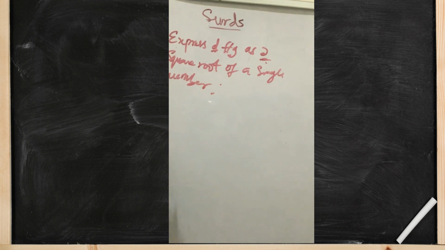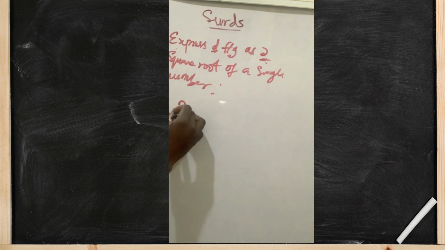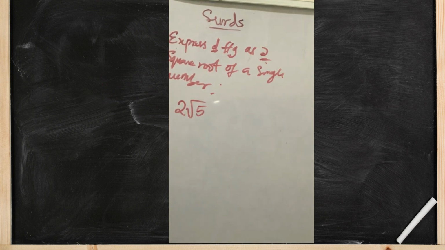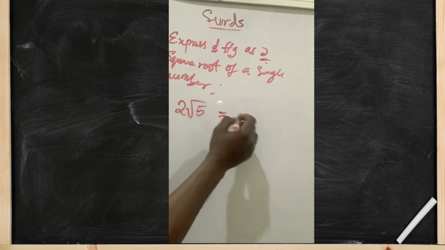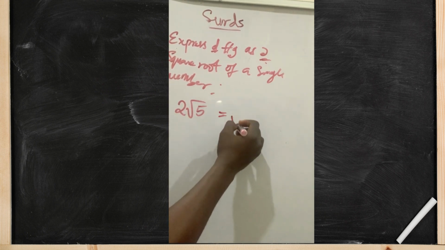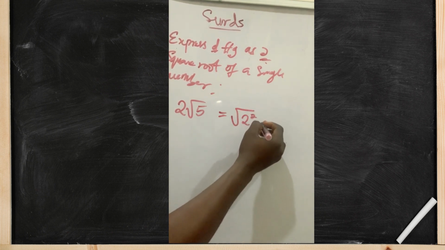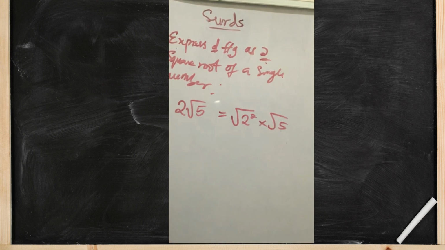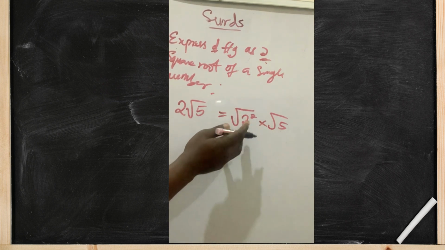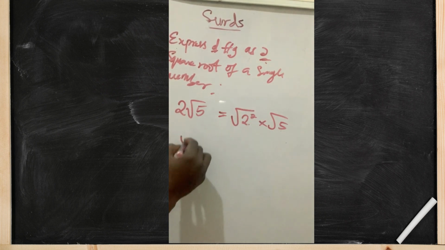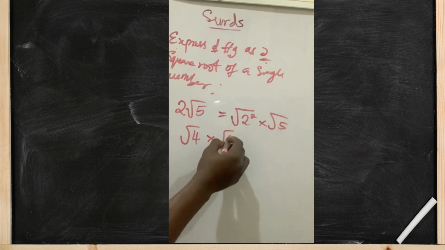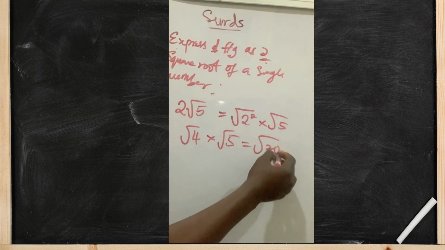This question is also an insert question. And what you're saying in essence is you're having 2 square root of 5, then you should express it as a single surd. So what you are doing here is you're saying square root of 2 squared times square root of 5. Because if you're going to be rooting, this can cancel this out. That's why you are squaring this. Then you're having square root of 4 times square root of 5, and that's square root of 20.